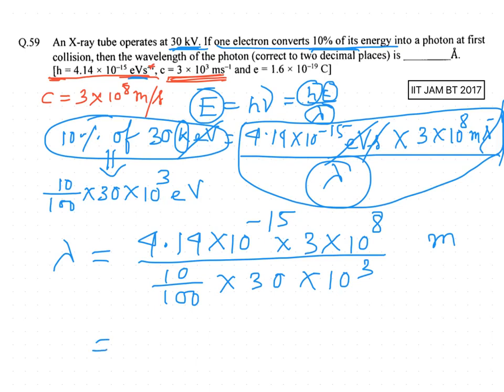Here we get it as 4.14 into 10 to the power minus 10 meter.